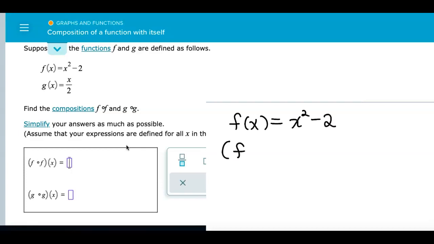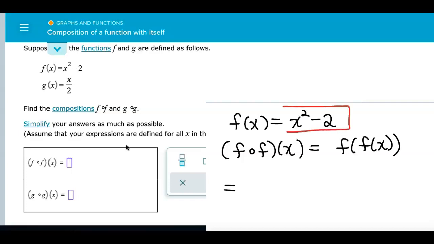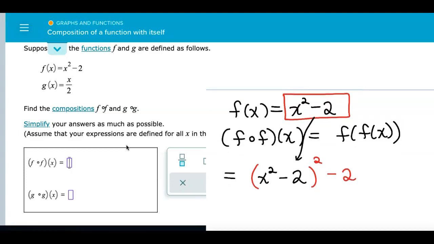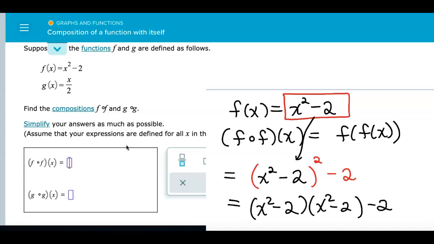If they want us to find f composed with f of x, I'm finding f of f of x, which means I will write the function. I will copy that function down, but instead of x squared, I'm going to say parenthesis squared minus 2. Guess what goes into this parenthesis? That function itself is going right in there. After writing it, I'm going to simplify this. If you can write it, simplifying is not going to be a problem because we are all good with multiplying and combining like terms.